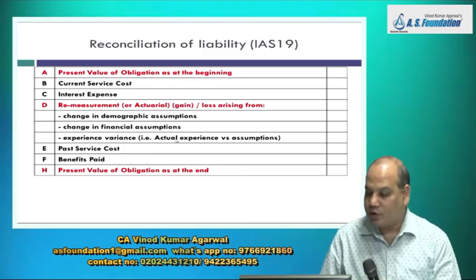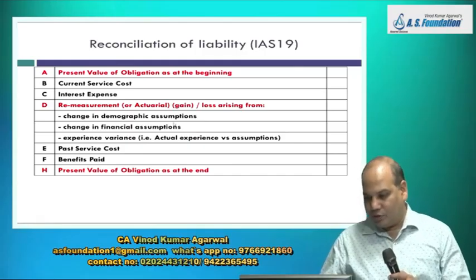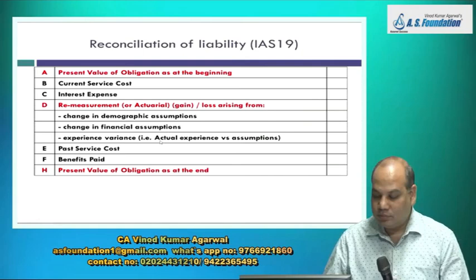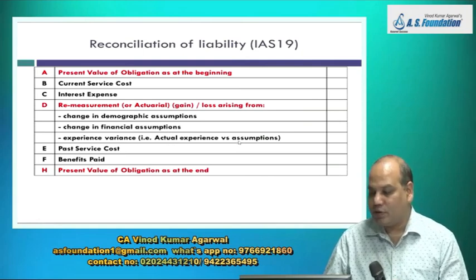Experience variance means difference between actual experience versus assumption. These two are change in assumption, and this is what actually happened versus assumption.